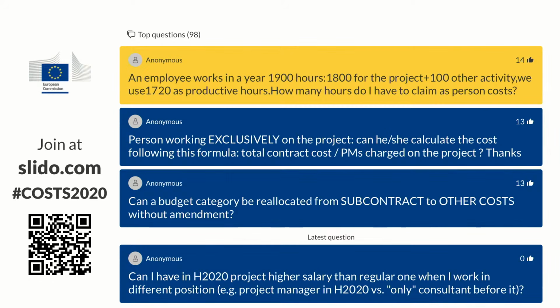David: I think 1720. If you use 1720 for the calculation of the hourly rates, you can never declare more than 1720. And the logic is very simple. The moment that you divide the annual personnel cost of the person by 1720 and you multiply it by 1720, you are already charging in full the annual personnel cost of the person.